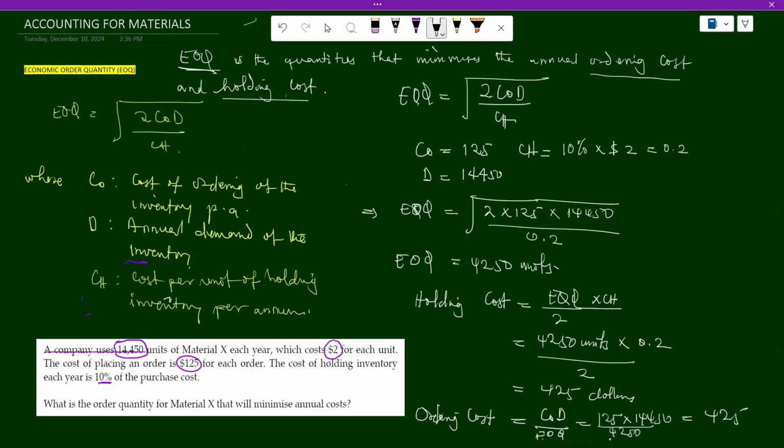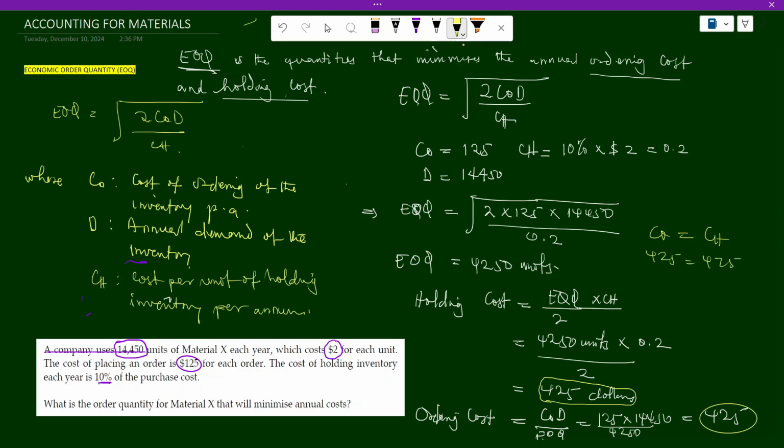Now, when you look at the cost of ordering here, which is 425, the holding cost is 425, and the ordering cost is also 425. And so you realize that the cost of ordering is now equal to the cost of holding. And so it is 425 equal to 425.